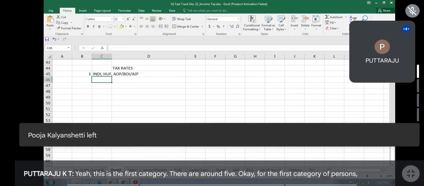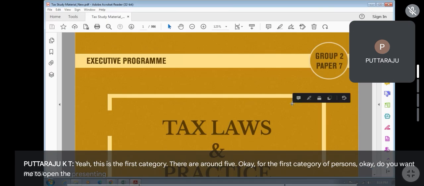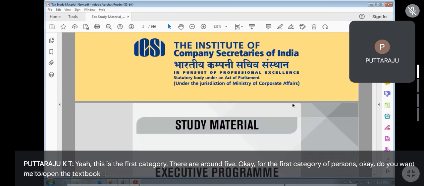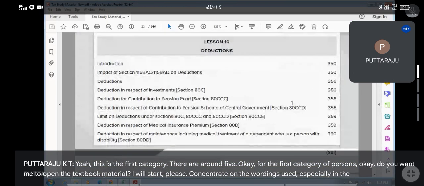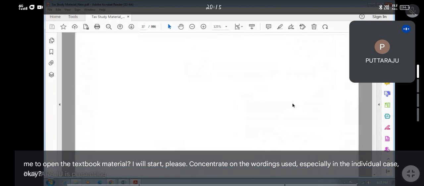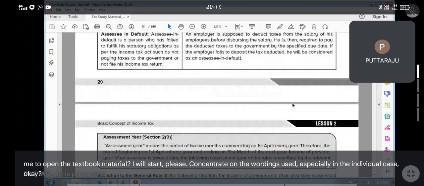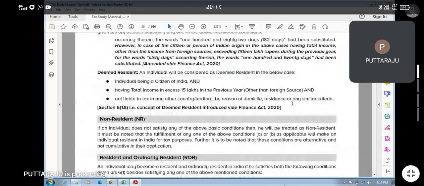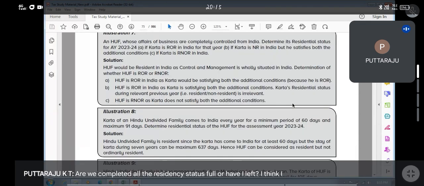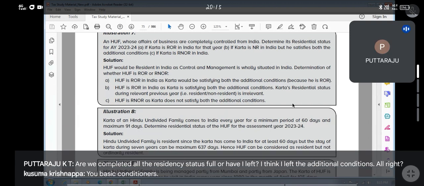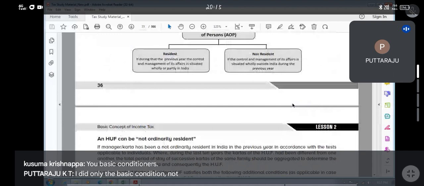Do you want me to open the textbook material, especially in the individual case? I think I left the additional conditions. I did only the basic condition, not the additional condition and exceptions.